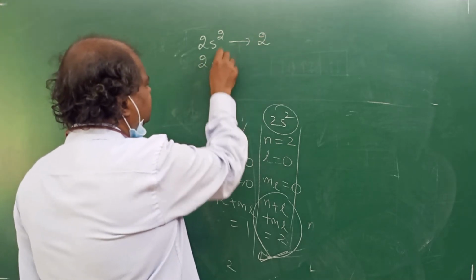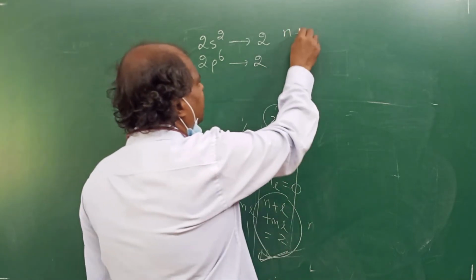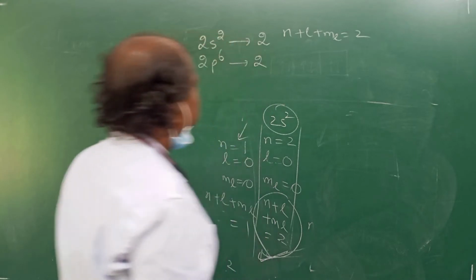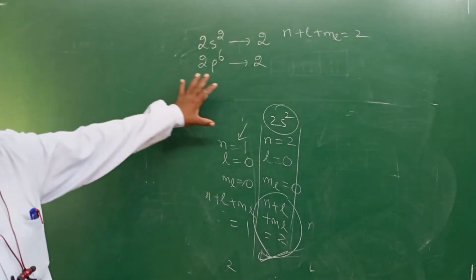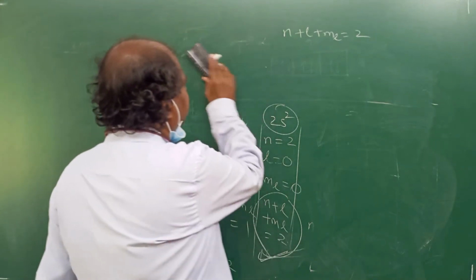And for 2p6 we have got 2 electrons, whose n plus L plus Ml is equal to 2. For 2s2 2 and 2p6 2. I'll write down.